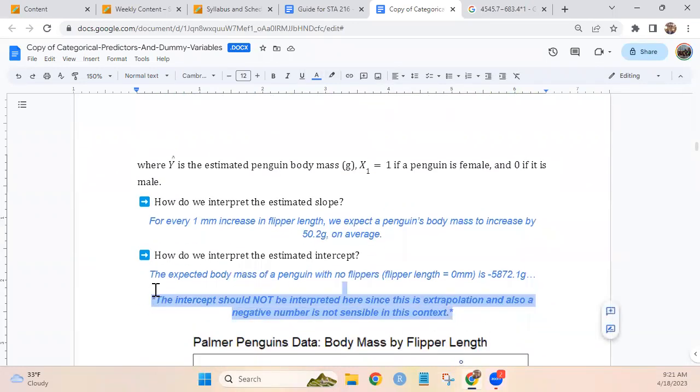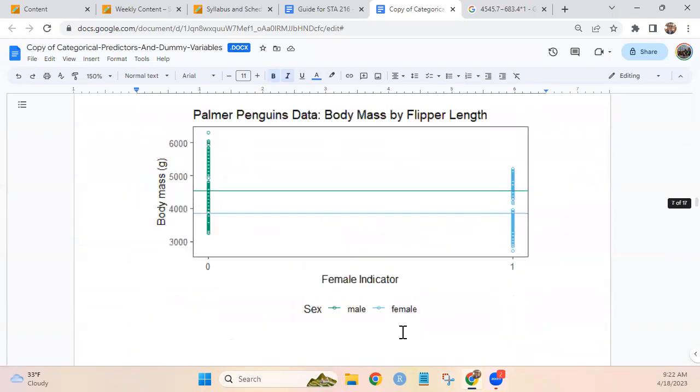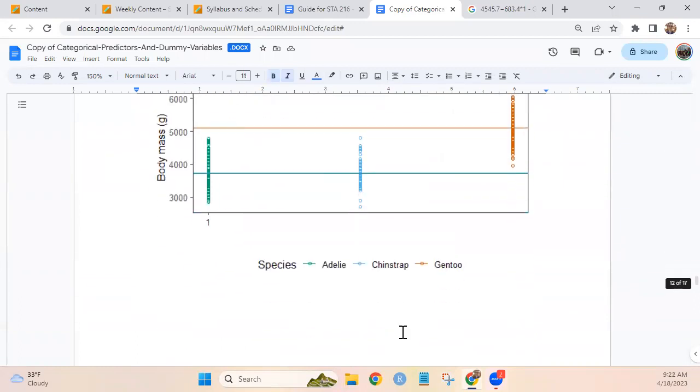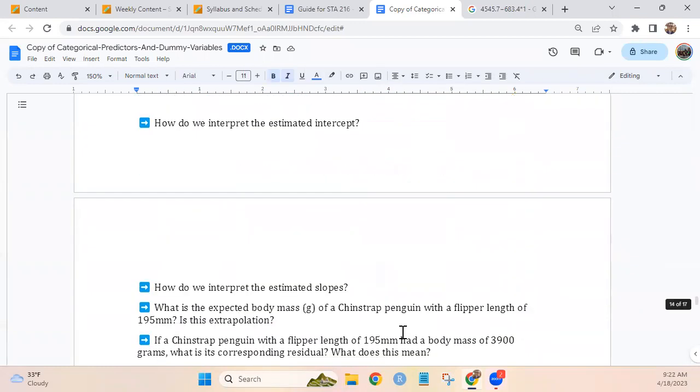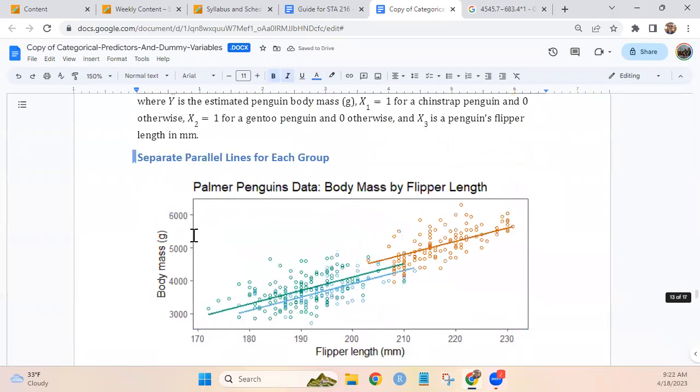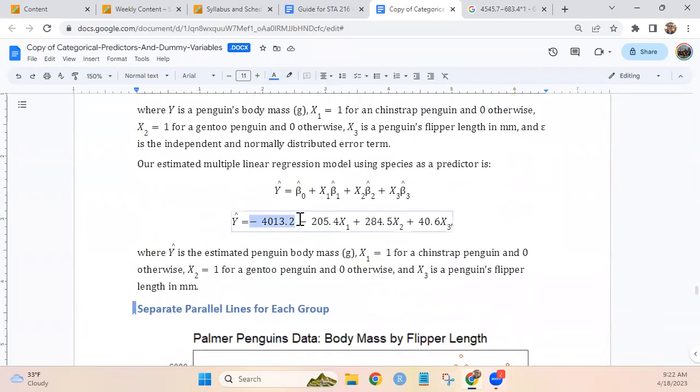Same thing applies here, right? Because flipper length is a predictor in this very bottom model now. All right. Here's our estimated intercept. What does this correspond to in this case, even though it's not sensible in this context?